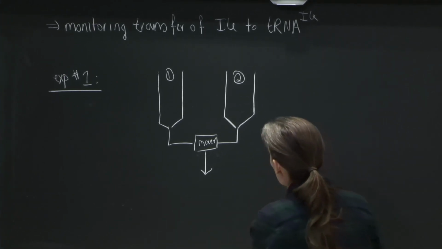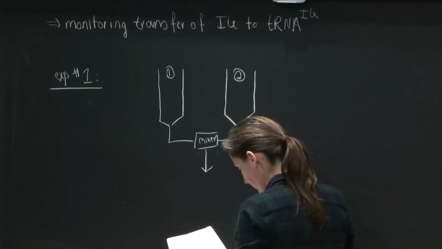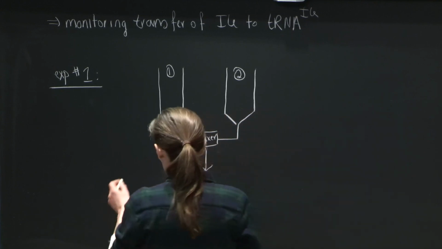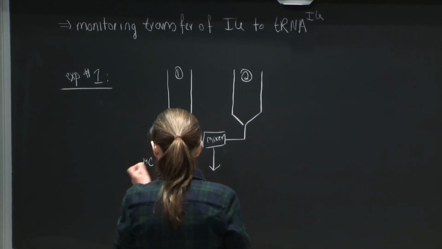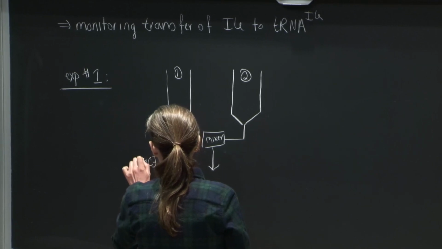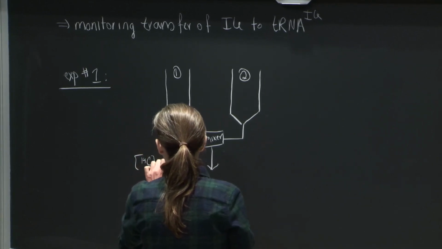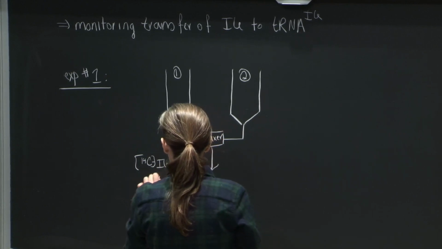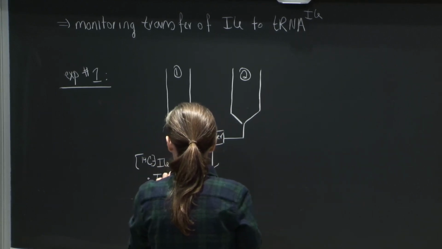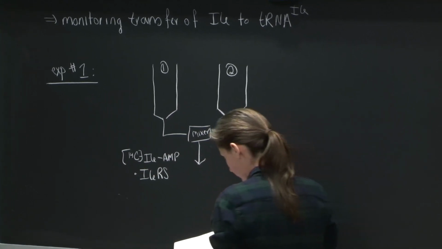So in experiment 1, in syringe 1, what we have is the purified complex. Okay, so we have C14 labeled isoleucine AMP bound to the aminoacyl-tRNA synthetase.